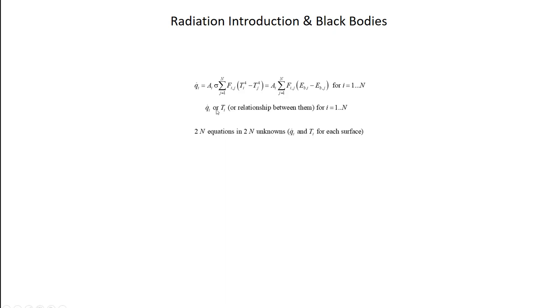So if I do those steps correctly, when I hit solve, if I'm using EES, or in MATLAB I'd have to put these in some kind of a matrix, but when I hit solve, I'll get a solution, and that solution will give me all of the heat transfer rates and all the temperatures for every single surface in my problem. So we'll illustrate that in a simple 4-surface problem in the next video.